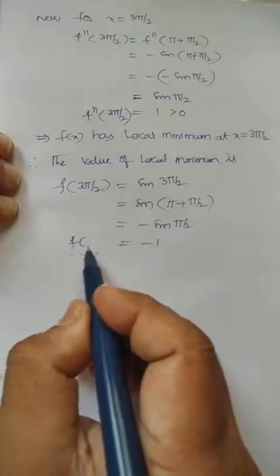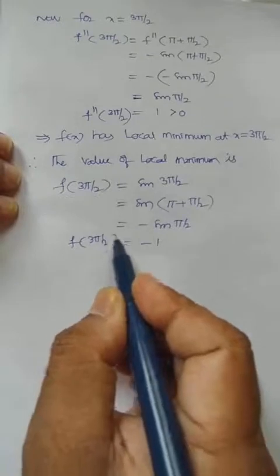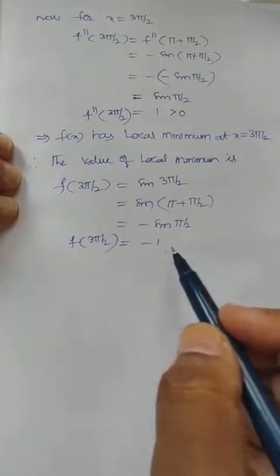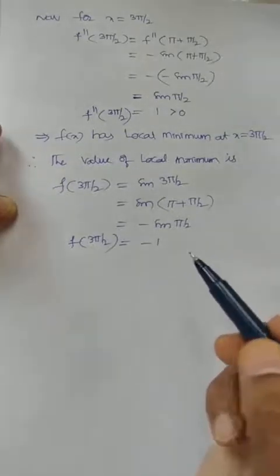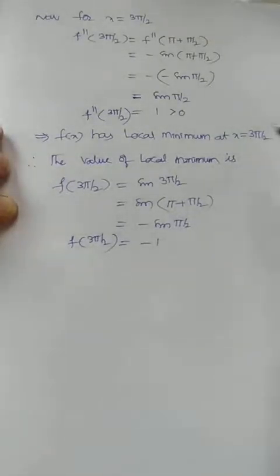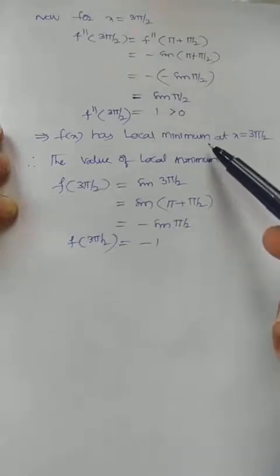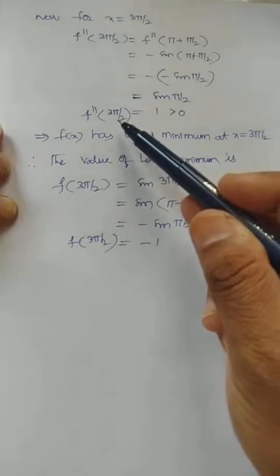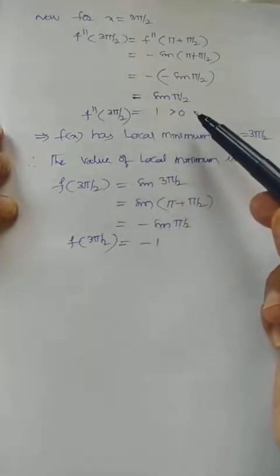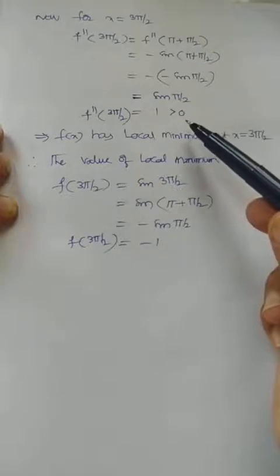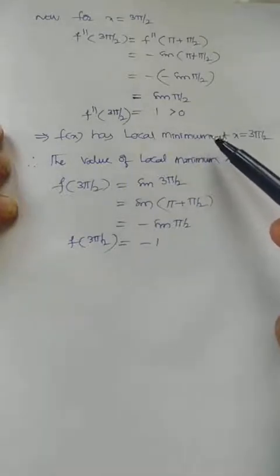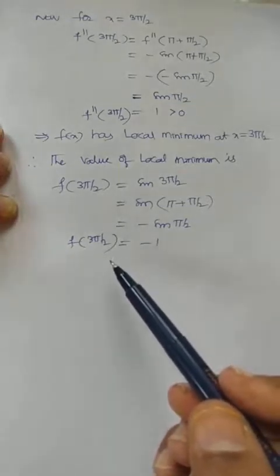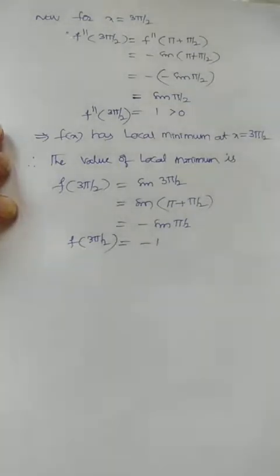So f of 3 pi by 2 is minus 1, the local minimum value for the given function. So f of x has a local minimum at x equals 3 pi by 2 because f double dash of 3 pi by 2 is greater than 0. As per this condition, we conclude that f of x has a minimum at this point. The value of the minimum is minus 1.